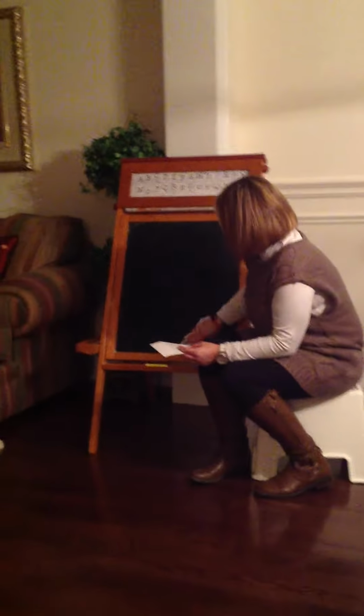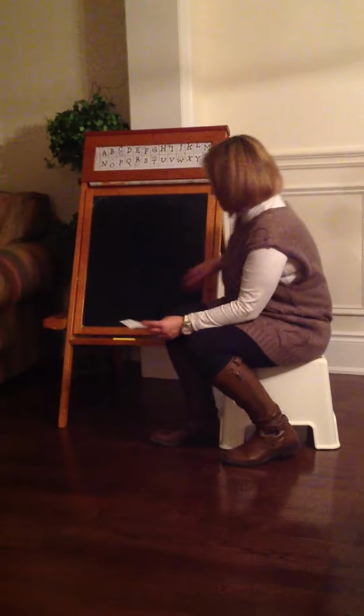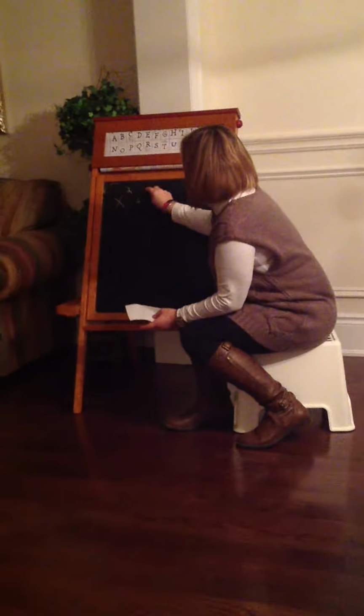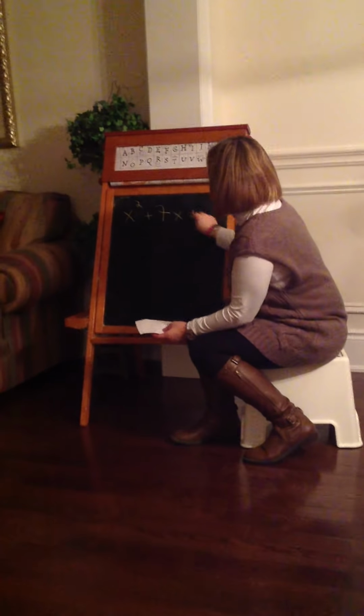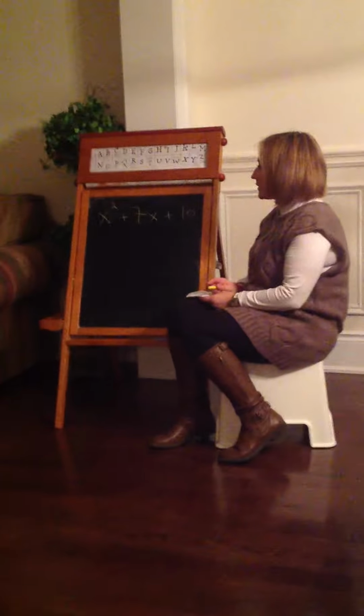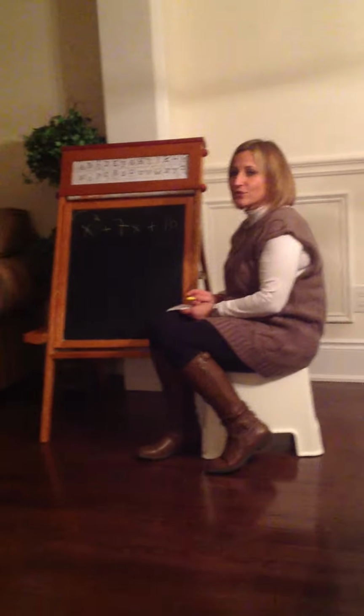So let me write down a question, and I'm going to ask you to factor this. So my first question is going to be x squared plus 7x plus 10. Now, if you follow the checklist, you would try to see if there's a greatest common factor.